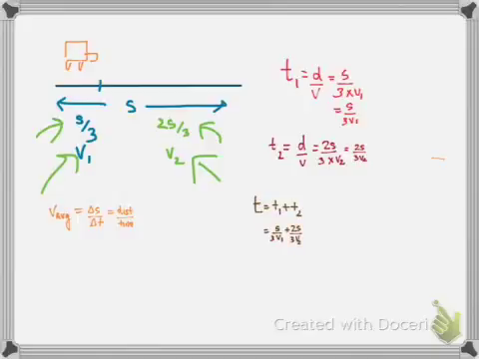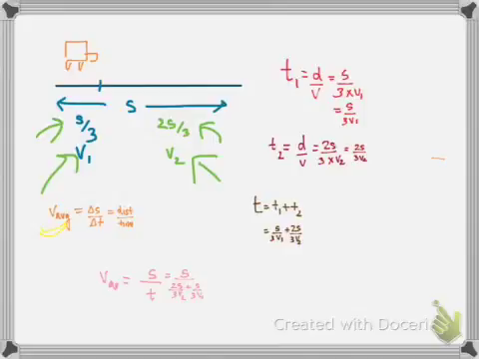Now we use the formula for v average: v average is equal to total distance s upon total time taken t. Therefore, this is s upon the total time, 2s by 3 v2 plus s by 3 v1.